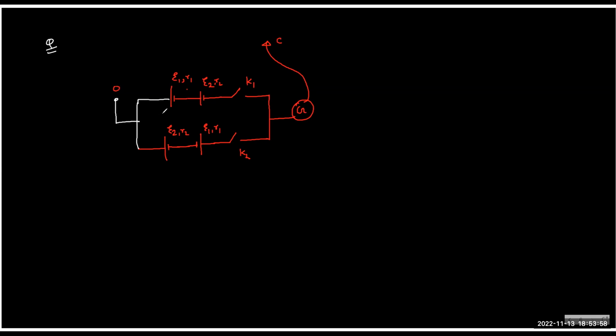So now if I bring this circuit into consideration, I have to make some assumptions first. I'm taking O as the high potential, assuming the cell facing one, which is E2, is more than E1.